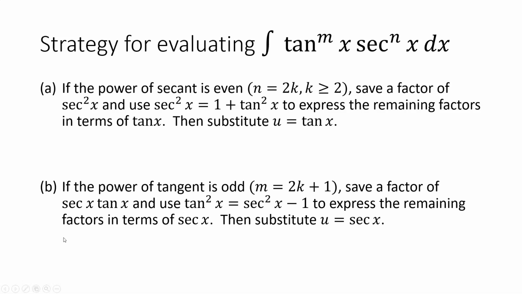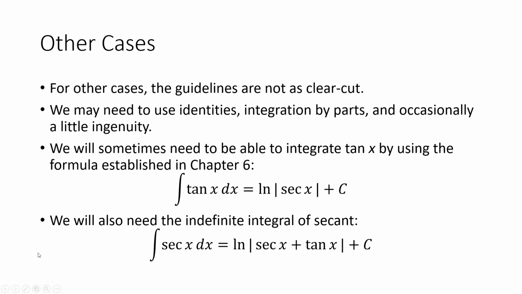But we can perhaps see those in another example. Other cases may want to use different identities. We may want to use integration by parts, or being a little bit tricky with it will be helpful.